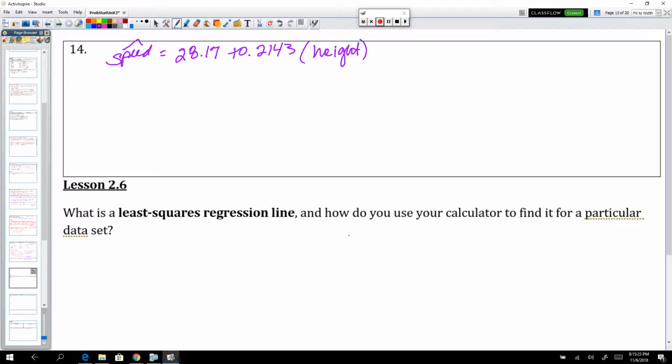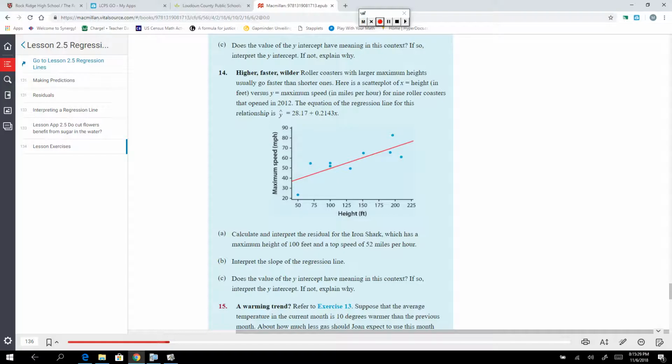Okay, that's the equation we're talking about here. And we're asked, for part A, if we have a roller coaster called the Iron Shark, and that roller coaster has a maximum height of 100 feet and a top speed of 52 miles per hour, we're supposed to calculate the residual and interpret the residual.